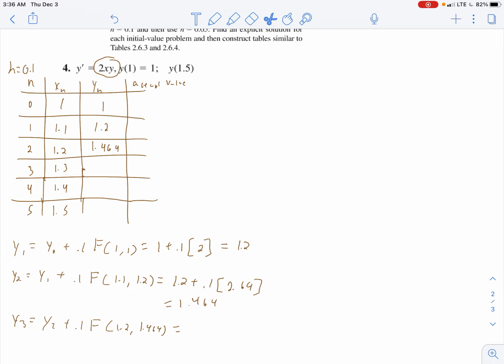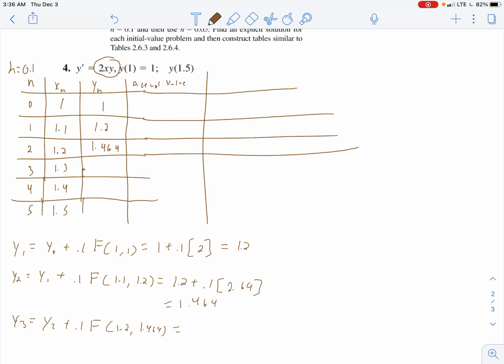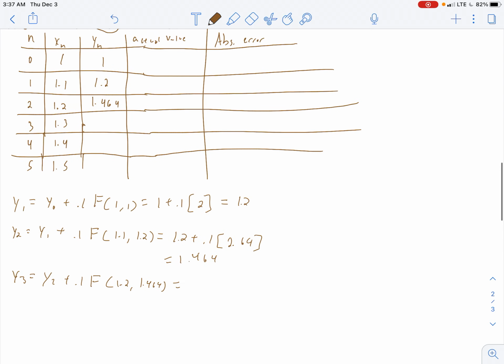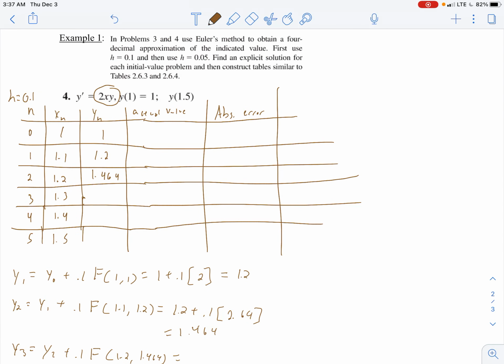So I'm just going to move that down there. And then I have actual value. Then I'll have that relative error. Absolute error. And then I have percent relative error.